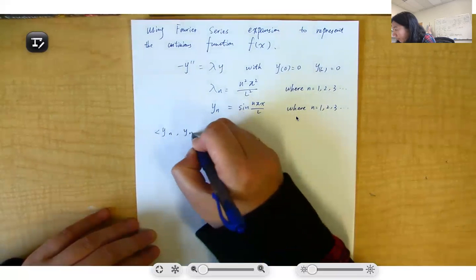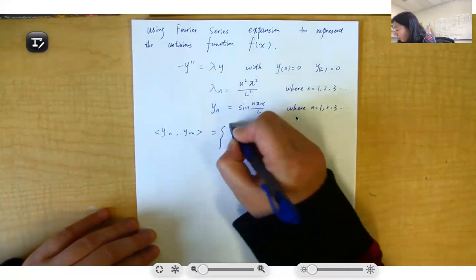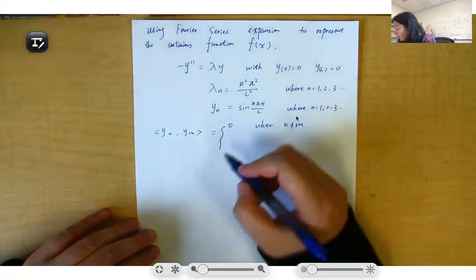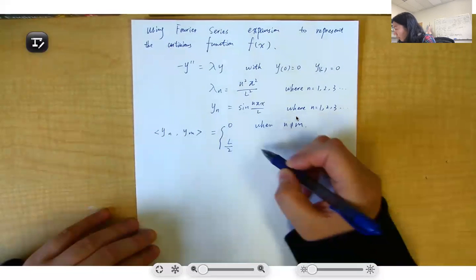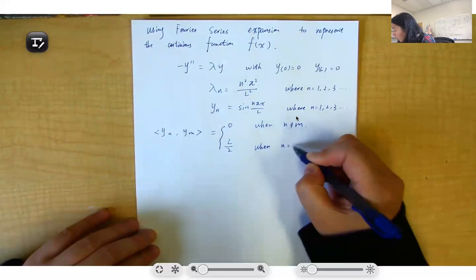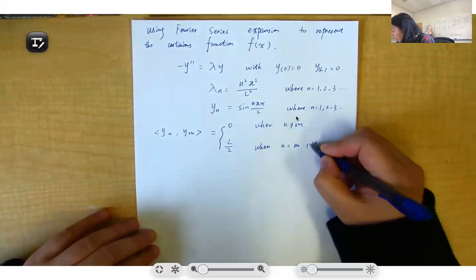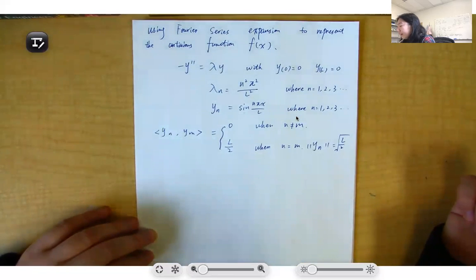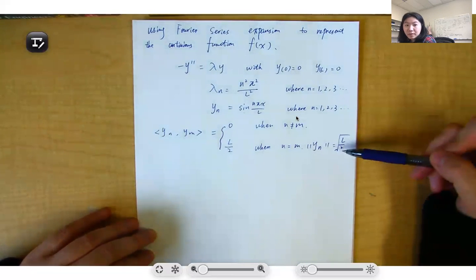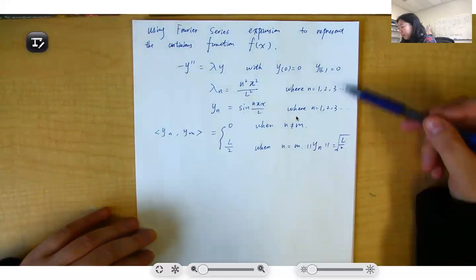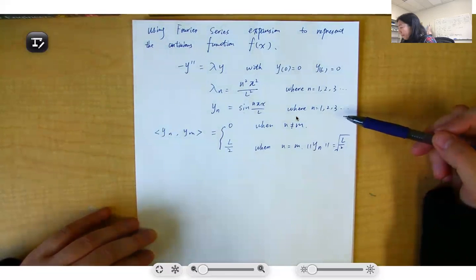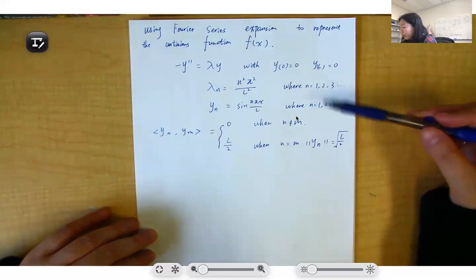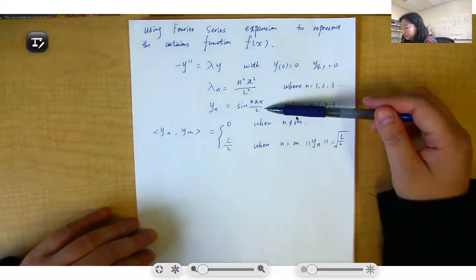The inner product of y_n, y_m is equal to 0 when m is not equal to n, and it is equal to L over 2 when n is equal to m, so that the y_n magnitude will be the square root of L over 2. So those are already solved by our examples, and we have provided step-by-step analysis.